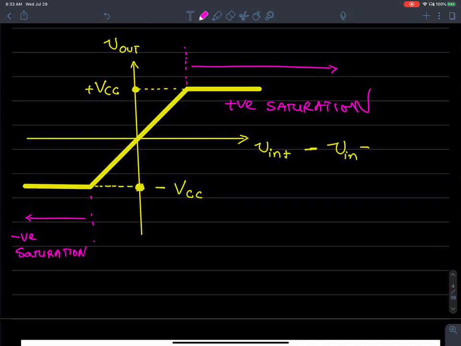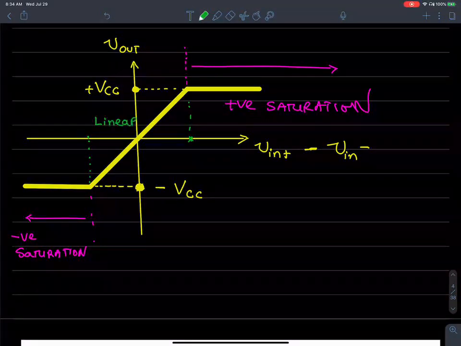And then this region in between, these two points, is called the linear operation region. This is where your op-amp can amplify, where the output is a slant line, it's not saturated.